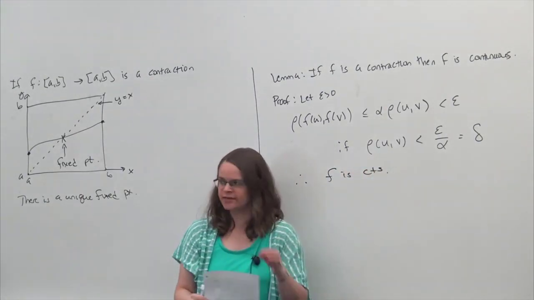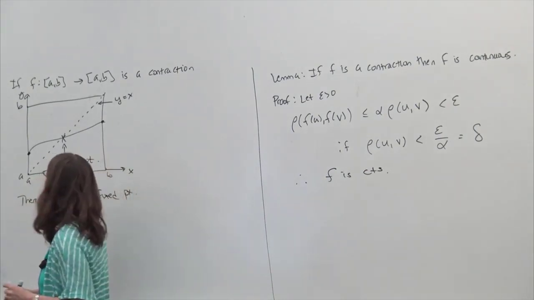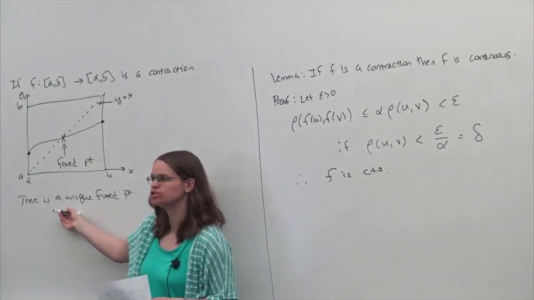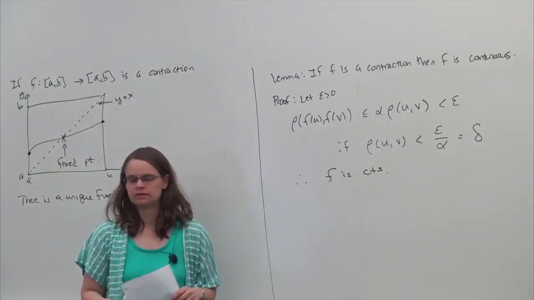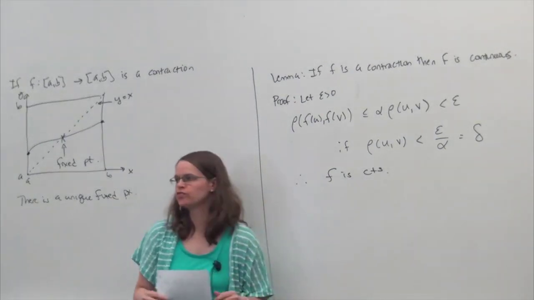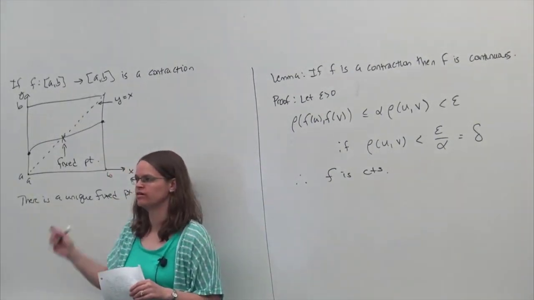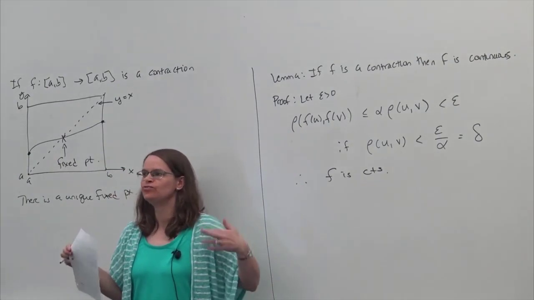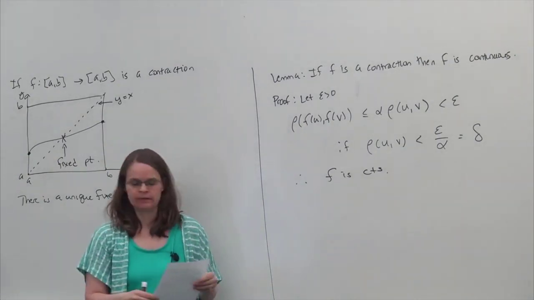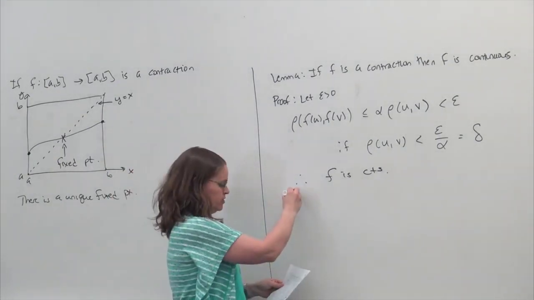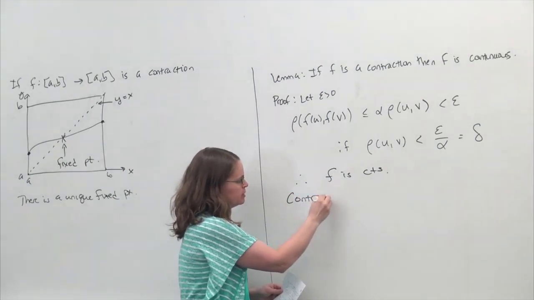Okay, so let's write down our big contraction mapping theorem, which is just this. And actually, the proof is not really different than how you would prove it in this case. You just have to use the language of metrics. So this is the contraction mapping theorem.